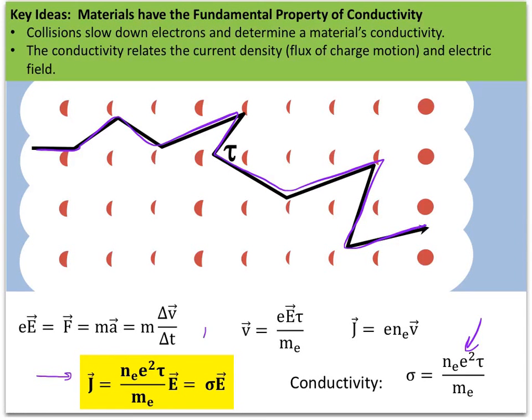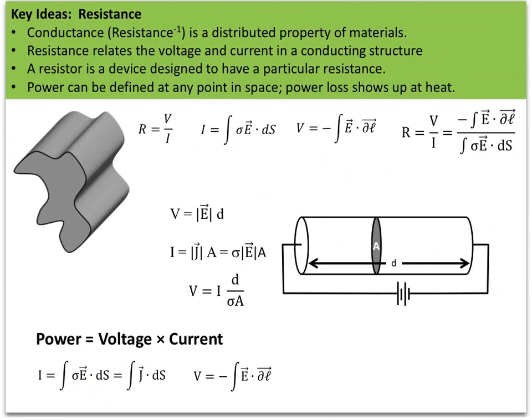So one of our fundamental expressions is that the current density, J, the amount of charge flow per unit area, or current per unit area, is equal to the conductivity times the electric field. So we've related the flow of electrons and current to the electric field, or the forces we put across a conductor to make the electrons move.